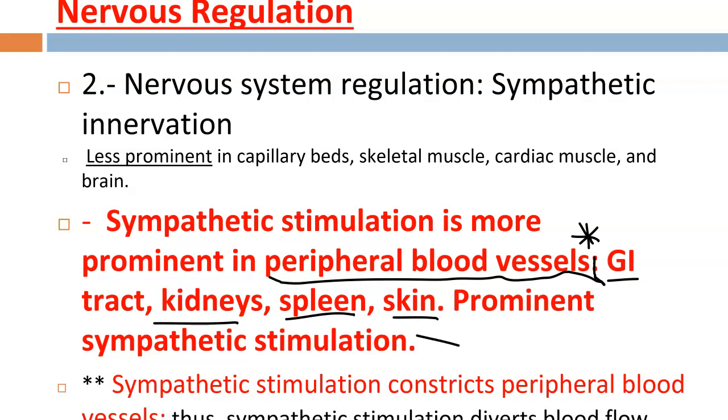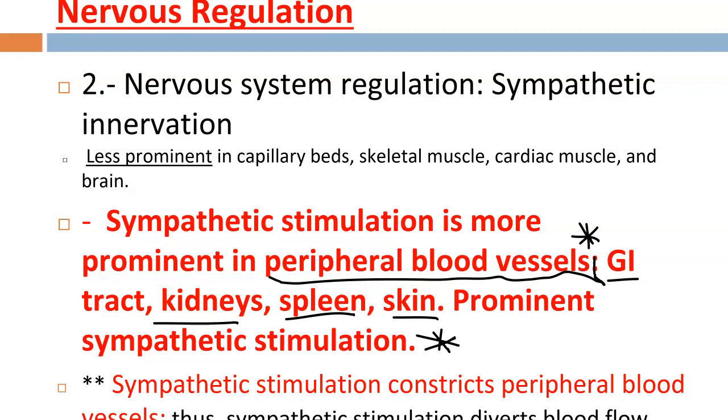These are the types of blood vessels that have prominent sympathetic stimulation. That means that blood vessels from brain, heart, lungs, skeletal muscle have less sympathetic stimulation. So the blood vessels of those organs are not going to respond prominently to sympathetic stimulation. And that is a very important point to remember.